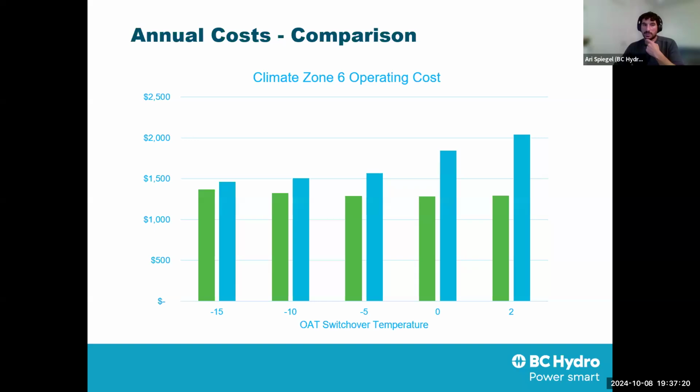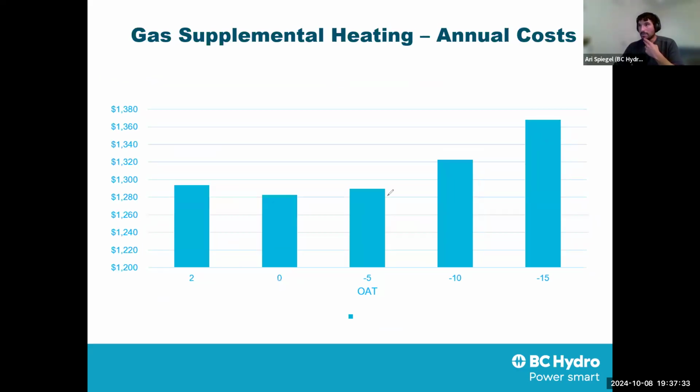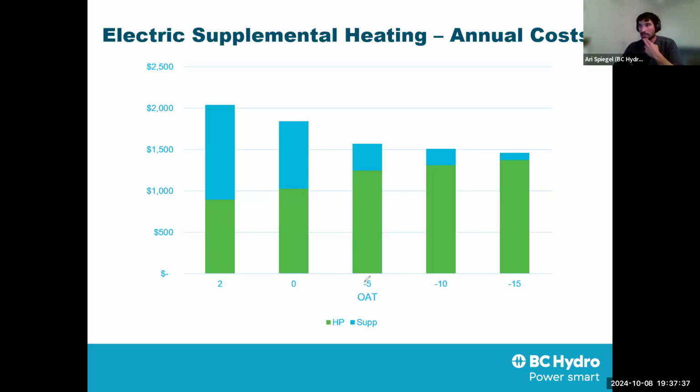Yeah, it's case by case because there's a lot of factors to consider. It's looking at climate data, like different operating points. Say we pick -5 as our design temperature.